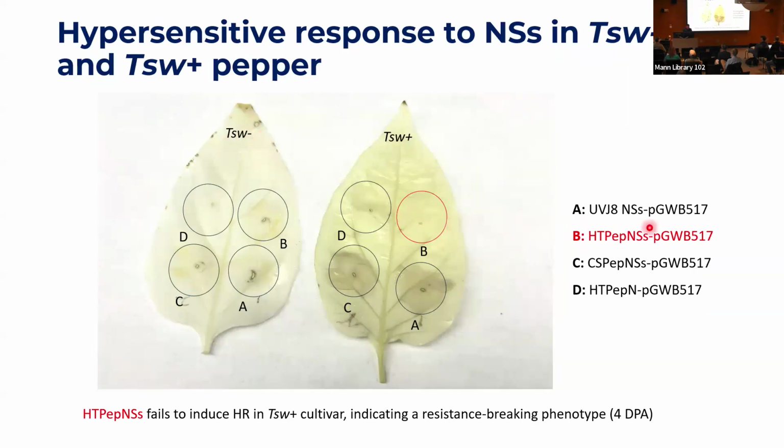And so what we did here is agro-infiltrate NSS protein in resistant as well as susceptible pepper. And then what came out to be most distinct of these isolates is HT pepper. HT stands for high tunnel, and it failed to produce a hypersensitive response in the resistant leaf, as you can see here, which was the first sign that this was a resistance breaking isolate.